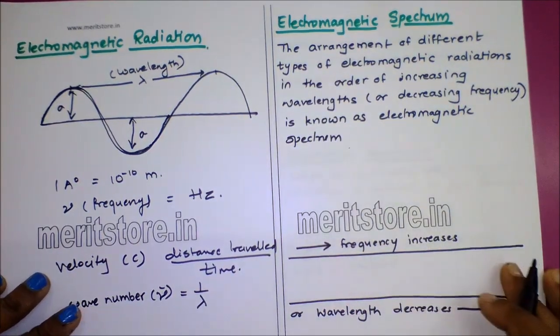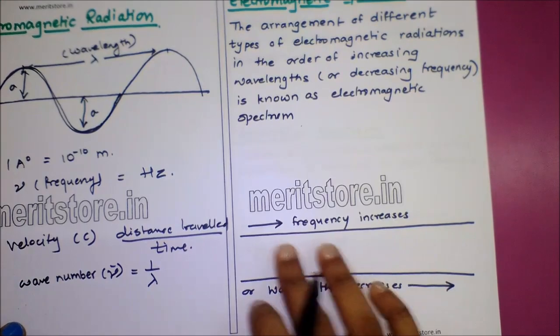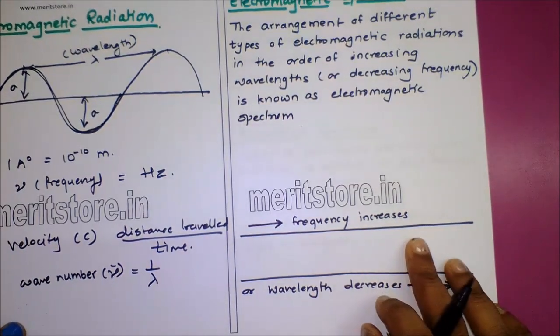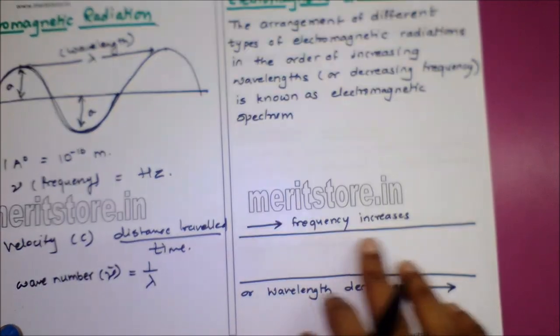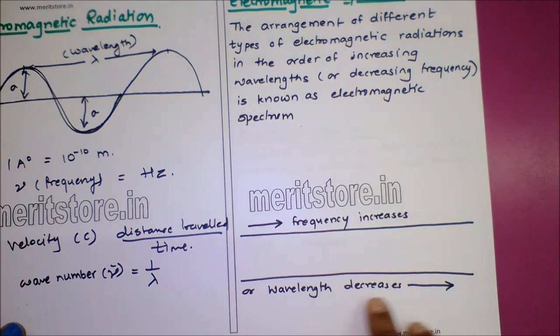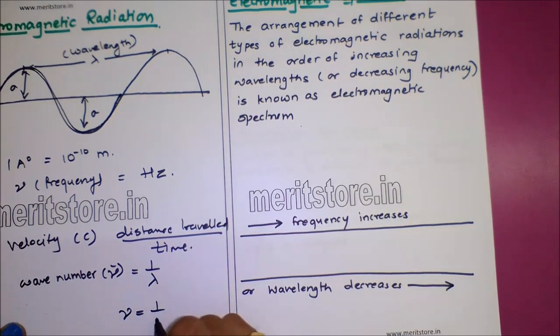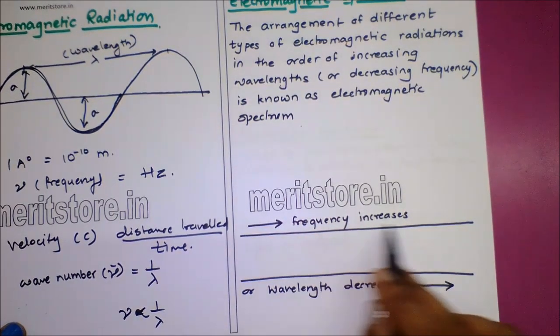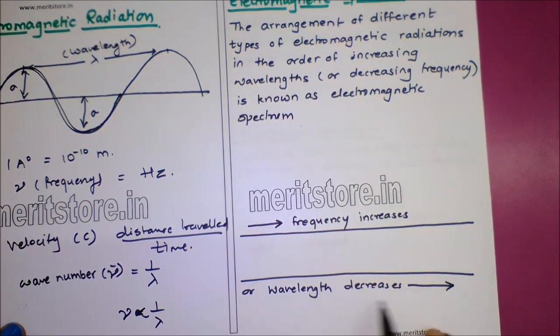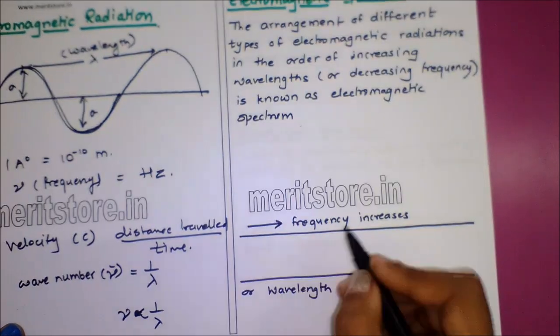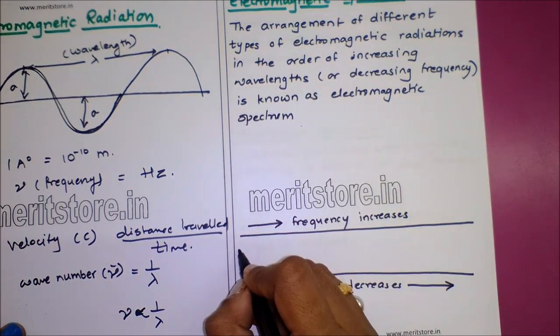In increasing order of frequency, it should be decreasing order of wavelength, because we know that frequency is inversely proportional to wavelength. So if it is increasing order of frequency, there should be decreasing order of wavelength.